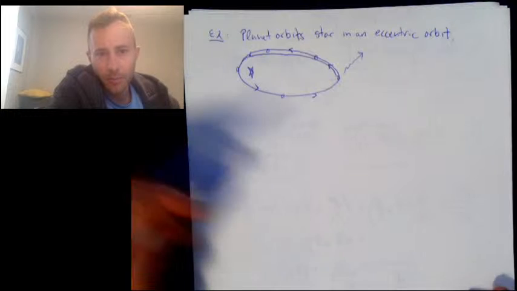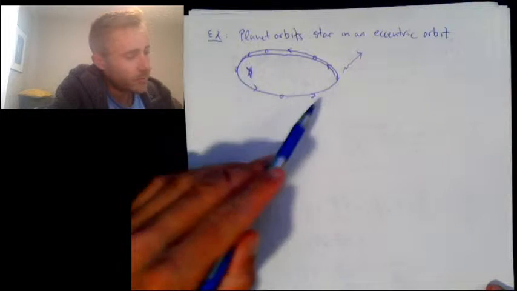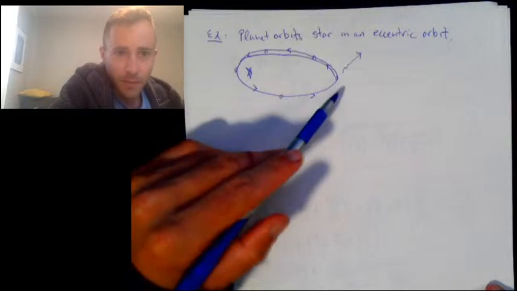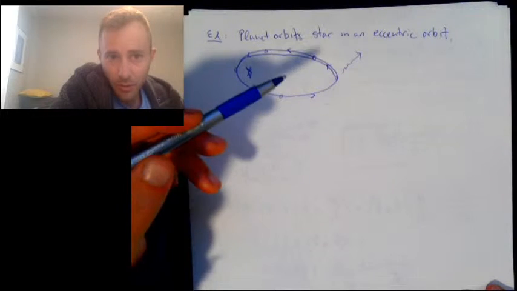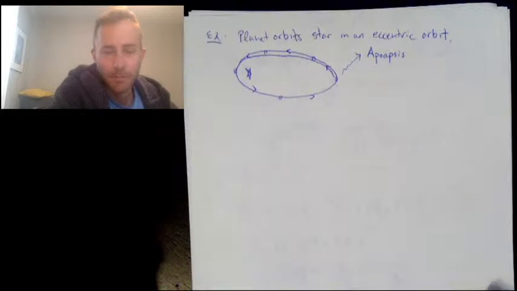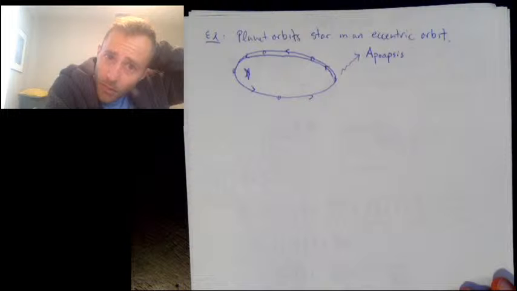And that point in the orbit where the planet is farthest away from the star, if you play Kerbal Space Program, you know this. It's called the apoapsis. Okay. All right.